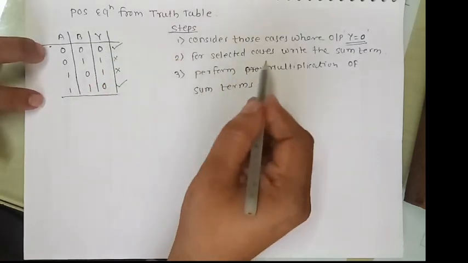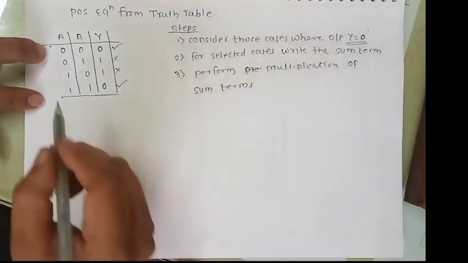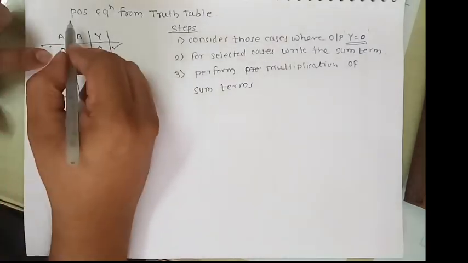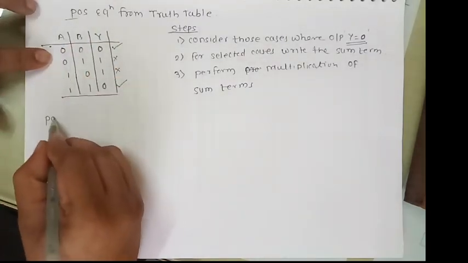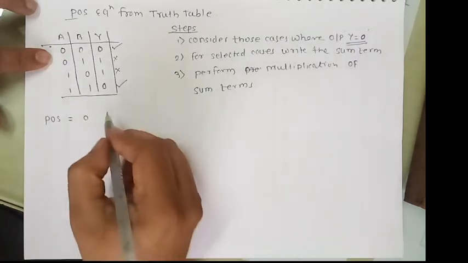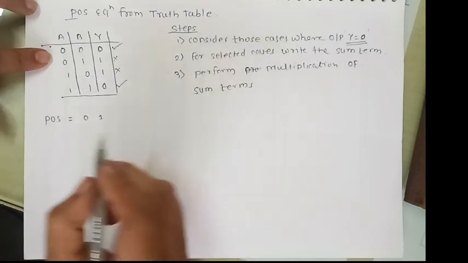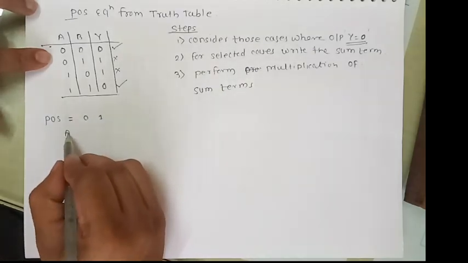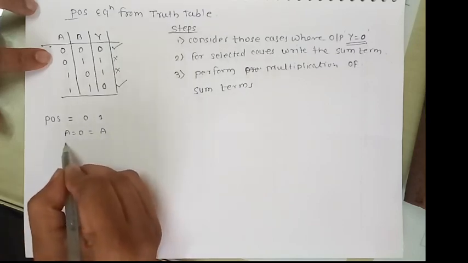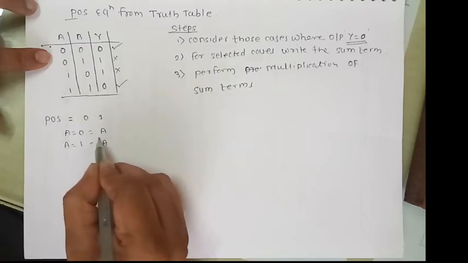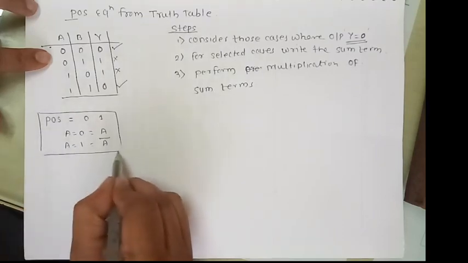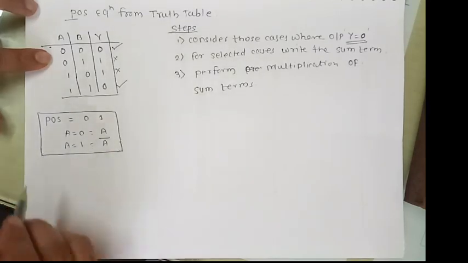Now second step, for the selected cases write the sum term. Now remember that when you write the POS equation, 0 will not be indicated as a bar and 1 will be indicated as a bar. Means what? Suppose for POS equation A is 0, then it will be referred as A, and if A is 1, then it will be referred as A bar. So for POS equation, the operation is the reverse of the SOP equation.